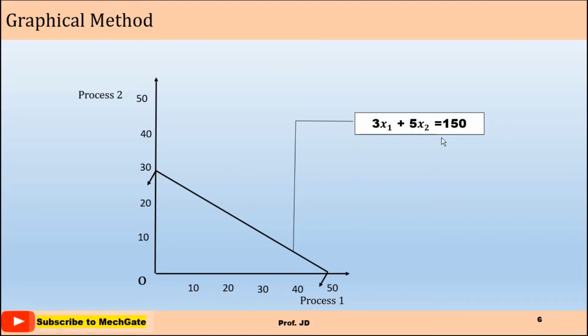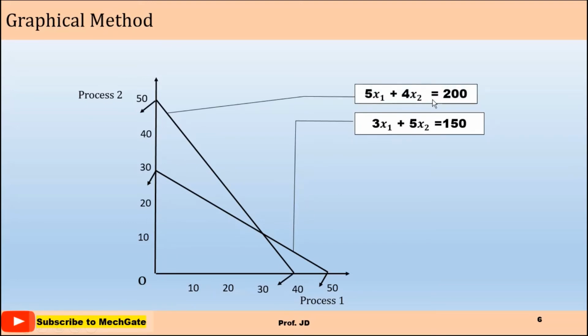Now it is a less than or equal to type constraint, so it is understood that the feasible region moves towards the origin. Similarly, second constraint 5x1 plus 4x2 less than or equal to 200, right? With these 2 points, it is also a less than or equal to type constraint, so move towards the origin.